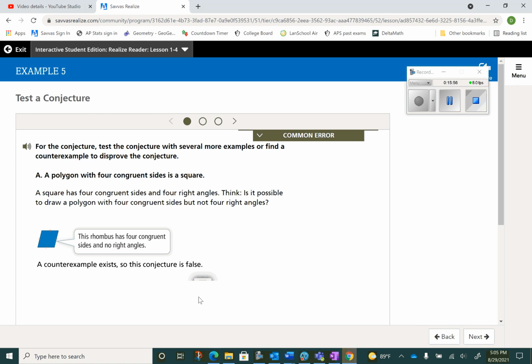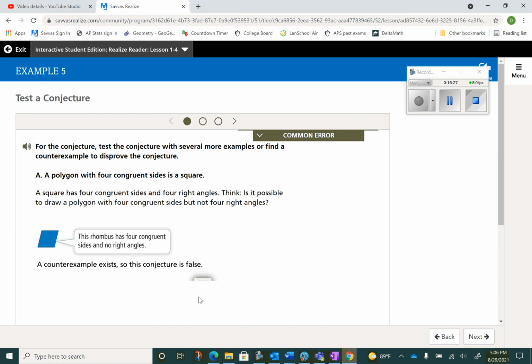Have you guys heard of a rhombus before? A square has 4 congruent sides and 4 right angles. Okay, so it's possible for a polygon with 4 congruent sides to be a square, but it doesn't have to be. Okay, now another thing here I want you to pay close attention to. For a good counterexample, you have to follow the conditions in the first part.